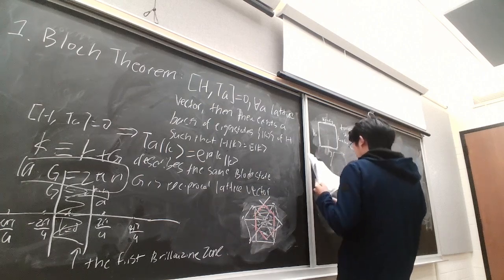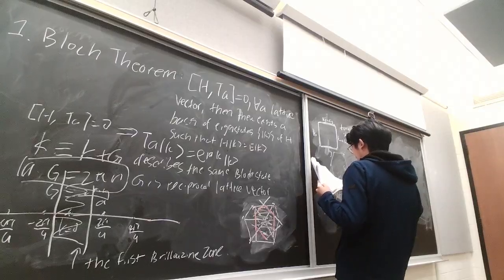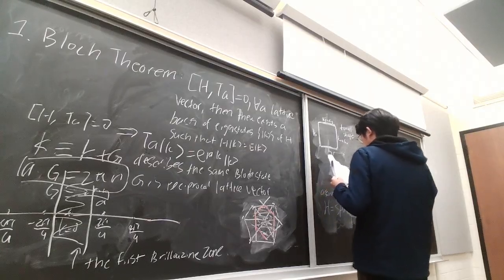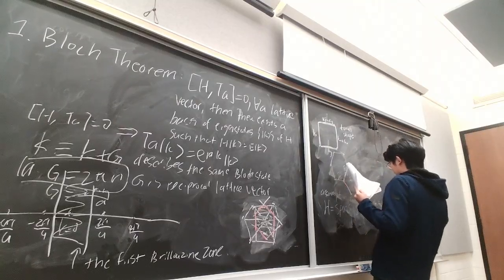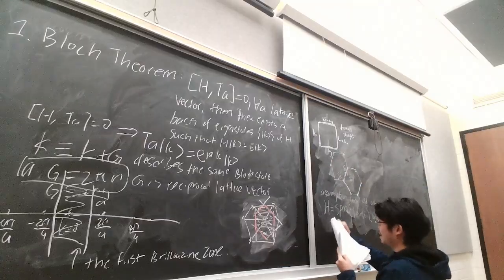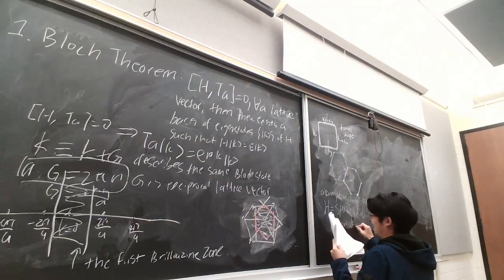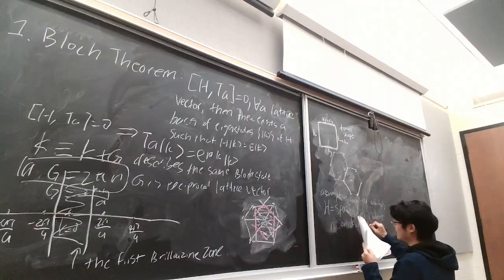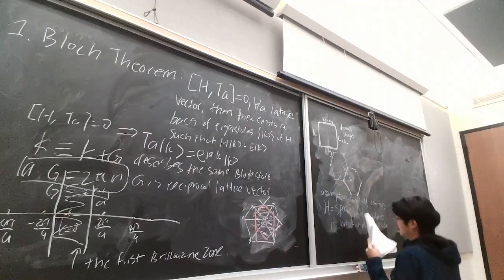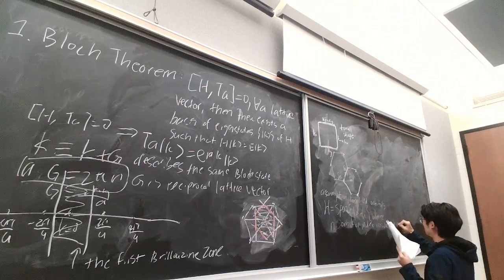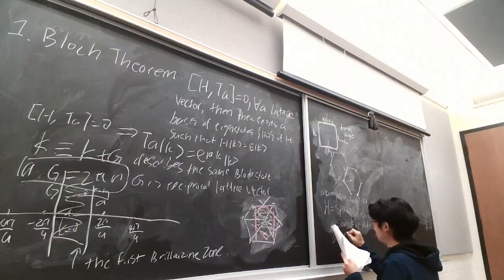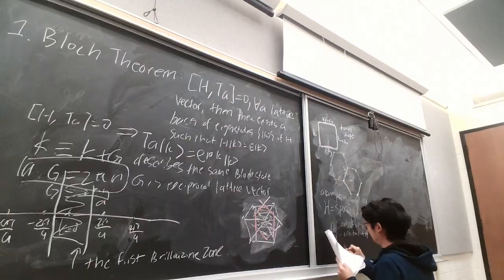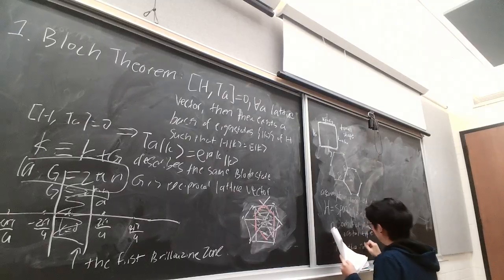Because it stays closer to the atom instead of hopping to the other atoms, we can define our Hilbert space to be a span of a set of Bloch states alpha n, where n is the orbital index inside each unit cell, and alpha is the orbital type, and I is the lattice index.